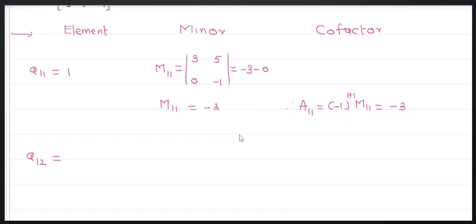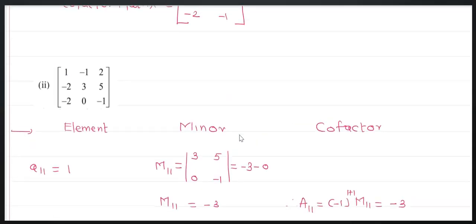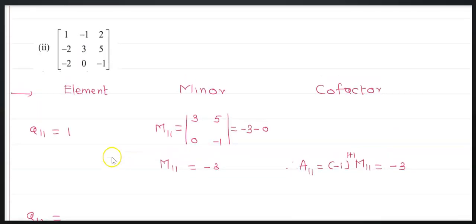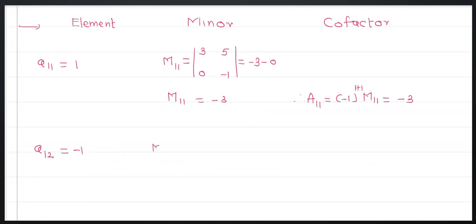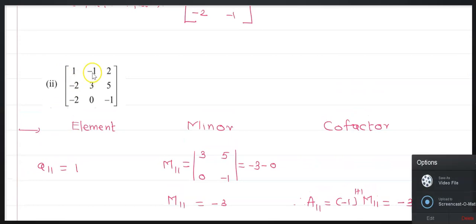Next is A12. The element is minus 1. Therefore, M12 is equal to, see this here. This is the minus 1. Now see this horizontally and vertically downward direction.